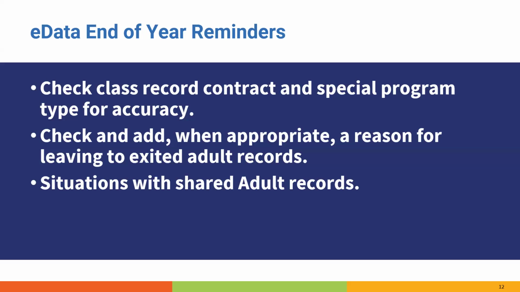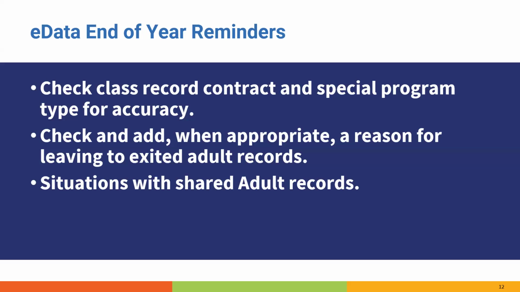Also, one quick note, it wasn't in the version 3 items above, but there was a bug with the reason for leaving. Some of the categories like other did not appear in version 2. That bug's been fixed. So when you enter a reason for leaving in eData, it should now appear accurately in the template. So another thing that would hopefully make it easier for you to check to see who you've already marked before you go into eData and make any corrections.